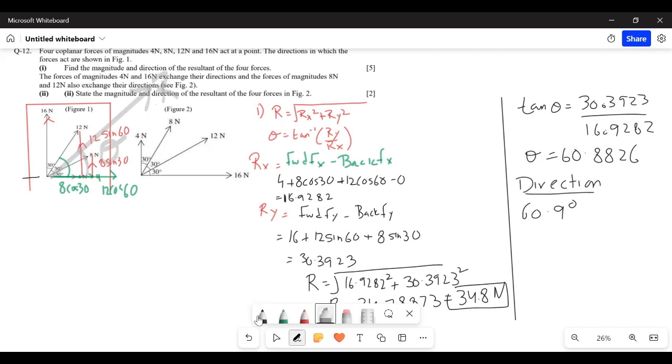So it will be 60.9 degrees above positive x-axis, or counter-clockwise from the x-axis if it's going upwards.